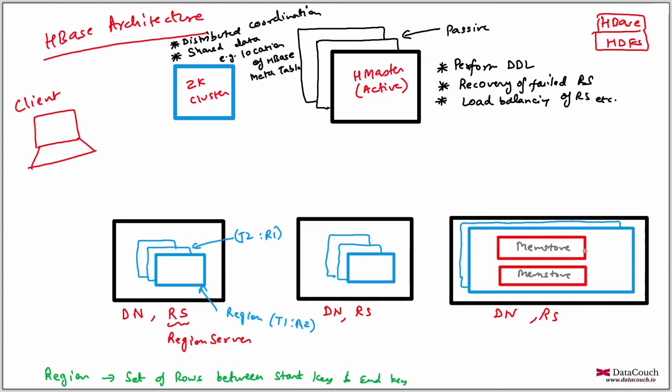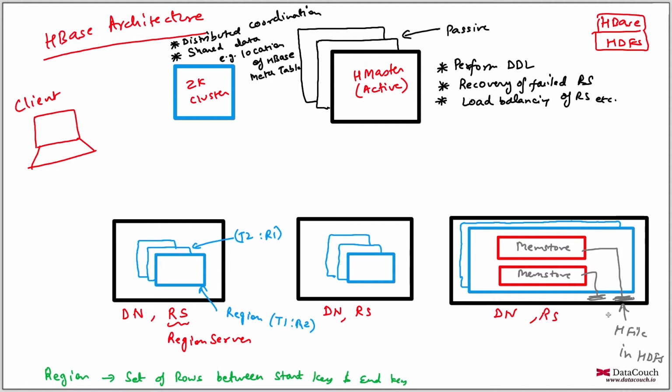So the data will finally go into HDFS from this mem store. So this is my HFiles, right? So this is the data in HDFS. HDFS stores HFiles, and this is a version or variant of sequence files only.